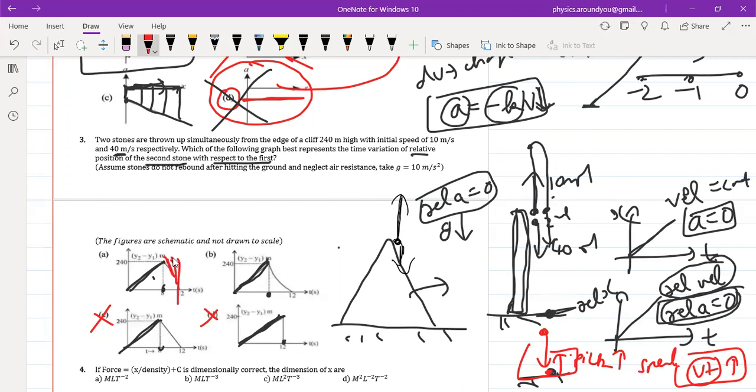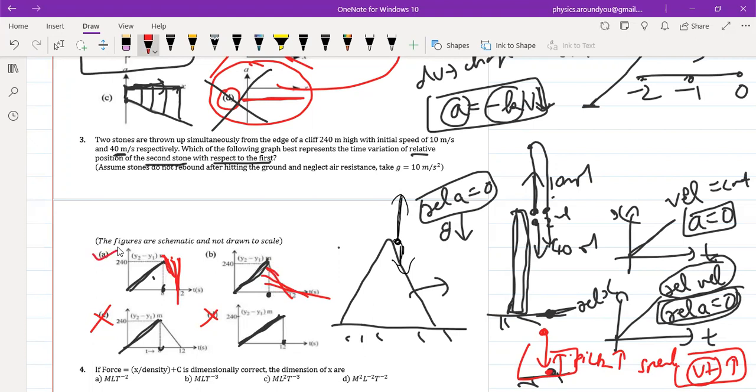Can you see the slopes should be increasing with respect to time? If I plot the tangents here, slopes won't increase with time. Rather, slopes would decrease with time. The tangents would slope down as time passes by, but here tangents would try to stand up. So definitely slope is increasing over here, slope is decreasing over there.